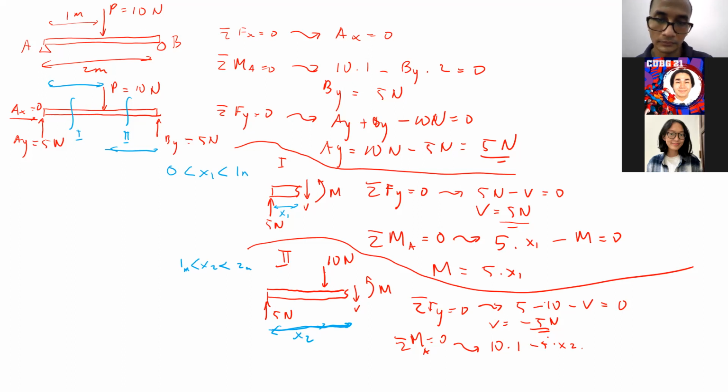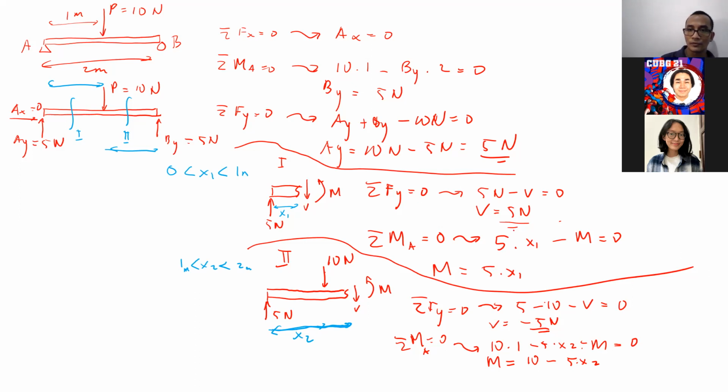And then minus M equals 0. So here, M is equal to 10 minus 5x2, right? Correct. Yes, sir.